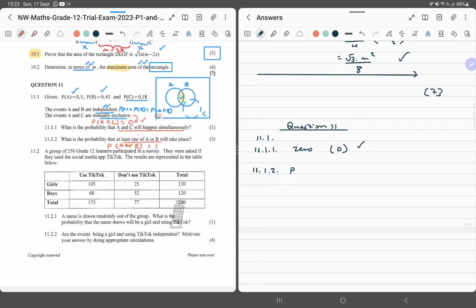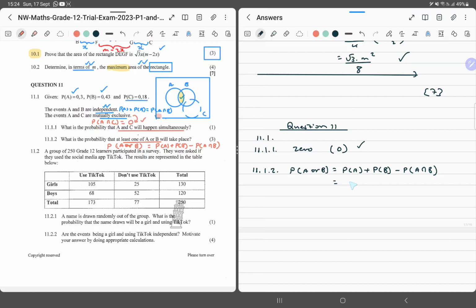So this one is going to be equal to the probability of A plus the probability of B minus the probability of A intersect B, because we're told these two are independent. So our product rule is sorted, and therefore it can answer the question for us. So P(A or B) is going to be P(A) plus P(B) minus P(A intersect B).